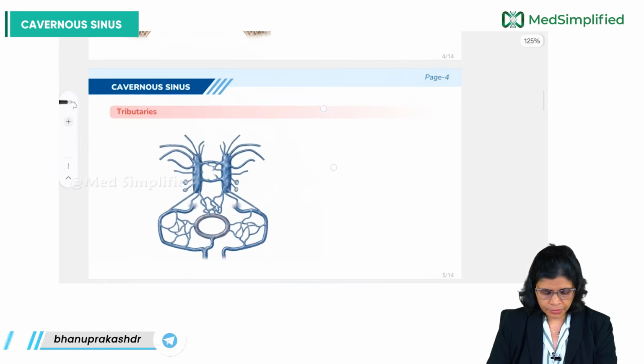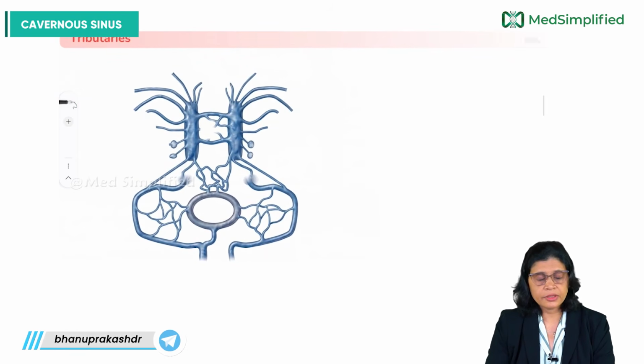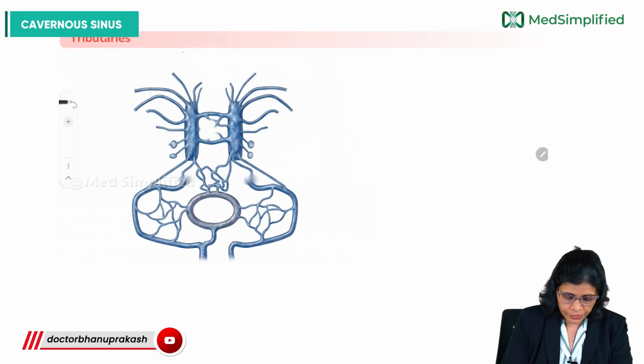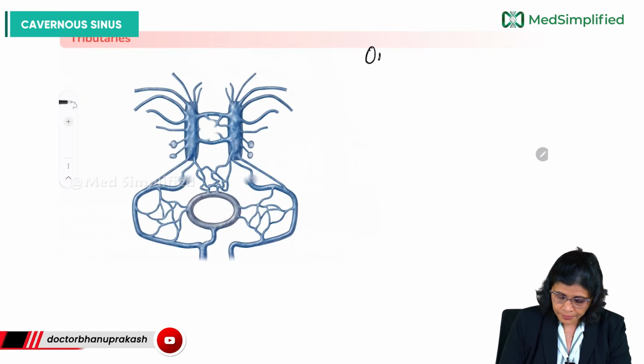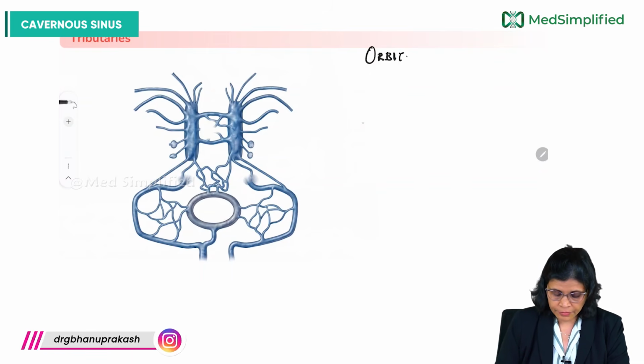Then coming to the tributaries. Tributaries are the draining channels which open into the cavernous sinus. The cavernous sinus mainly drains venous blood from 3 areas: the orbit, the meninges and the brain. First we will see from the orbit.